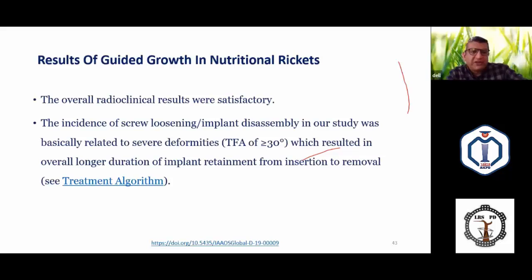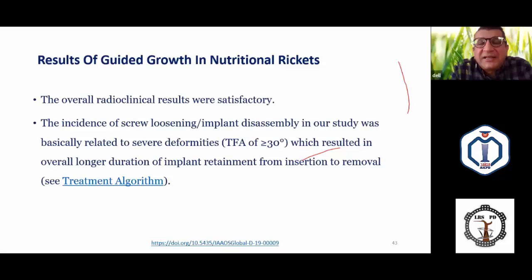The results of guided growth, shortly said: the overall clinical results were really satisfactory. The complications were tolerable. They did not affect the outcomes of surgery, and they were mostly related to screw loosening and implant disassembly. And we realized that this occurs in patients who have severe deformities.